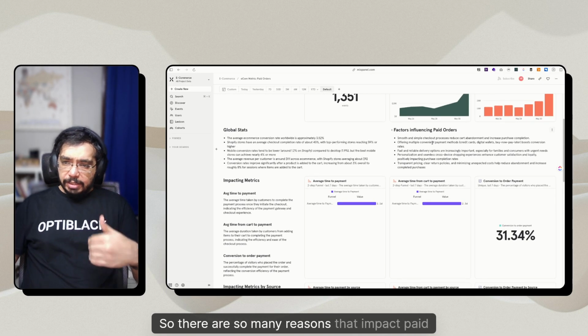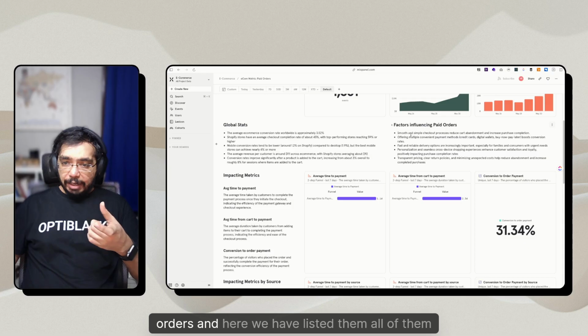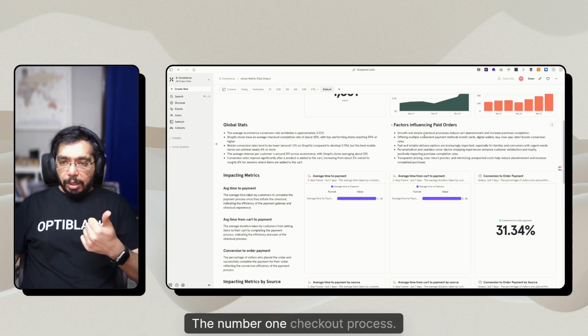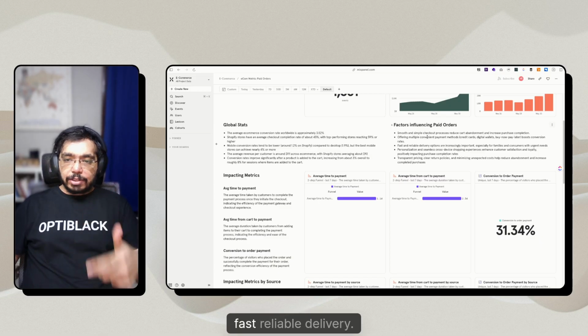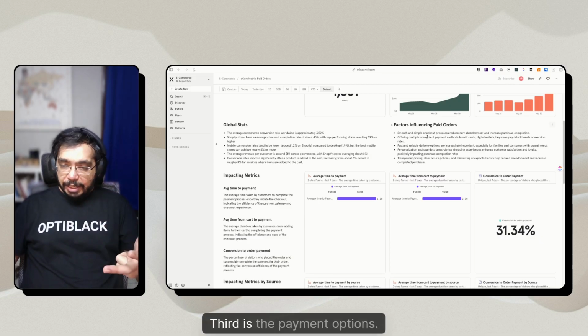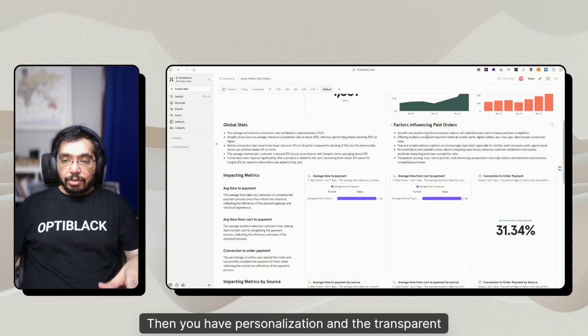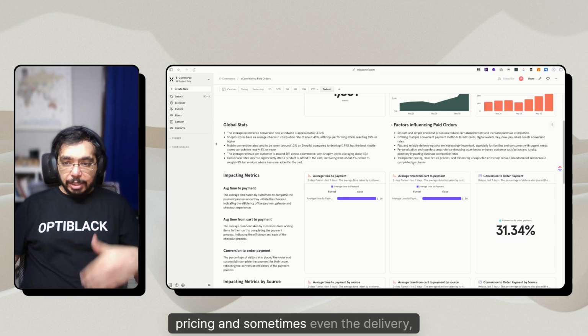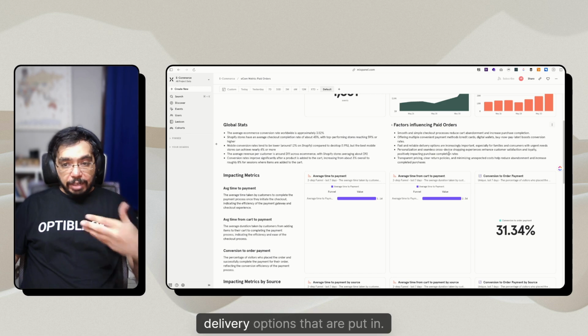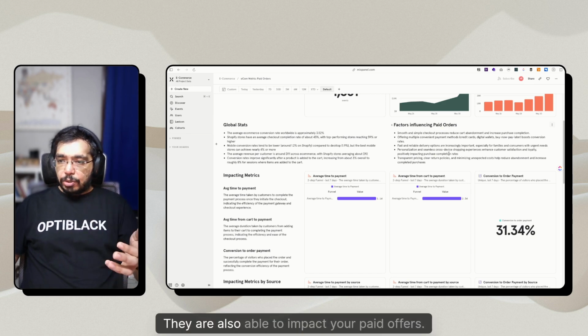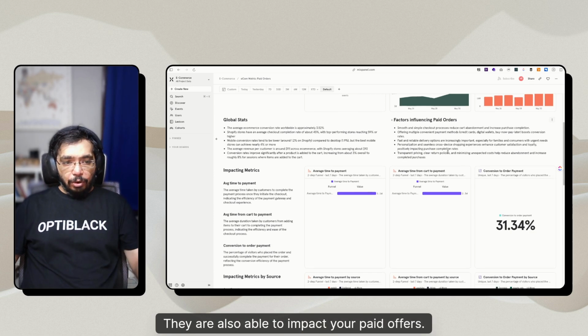There are so many reasons that impact paid orders, and here we have listed them all down. Number one, the checkout process. Second, fast, reliable delivery. Third, the payment options. Then you have personalization and transparent pricing. And sometimes even the delivery options that are put in are also able to impact your paid orders.